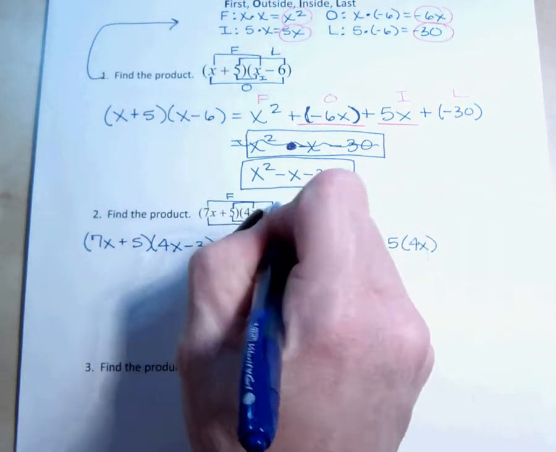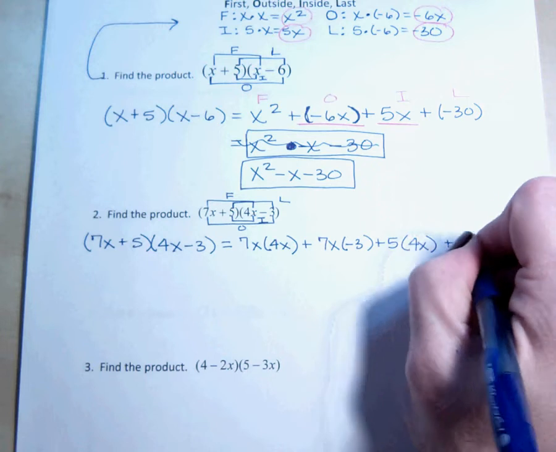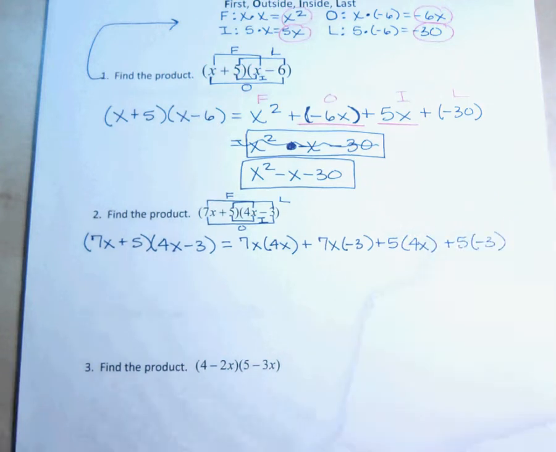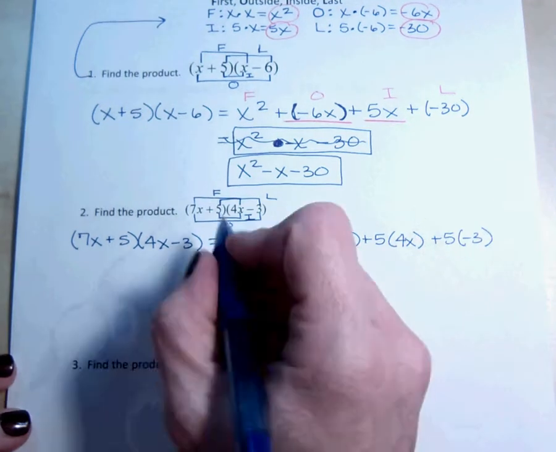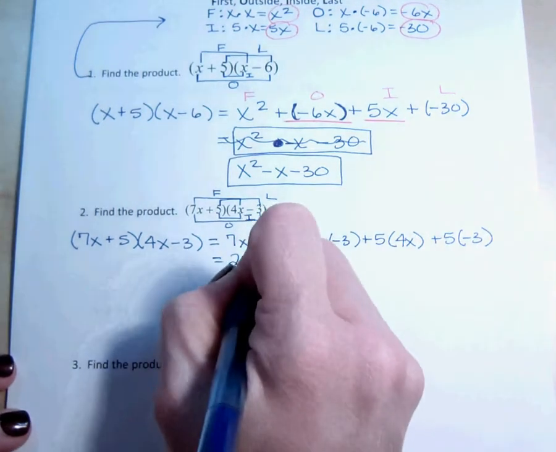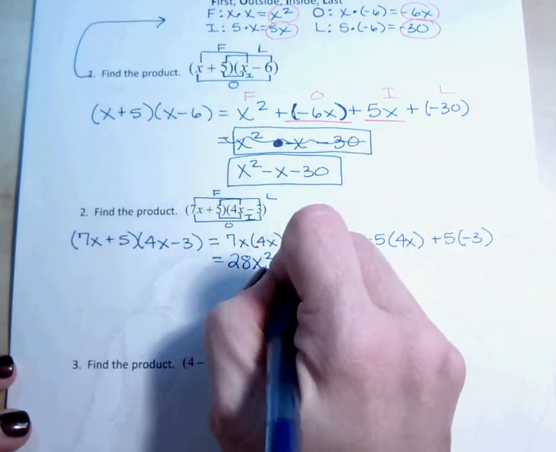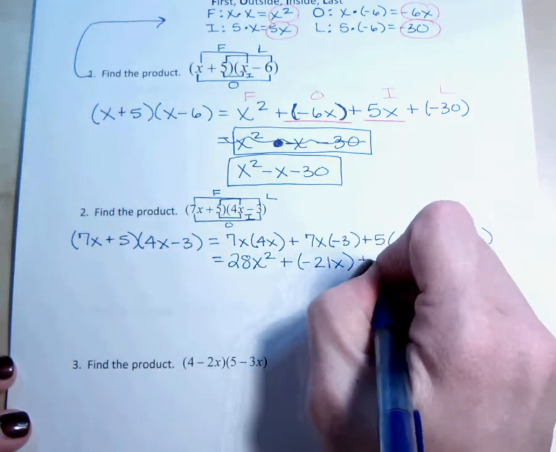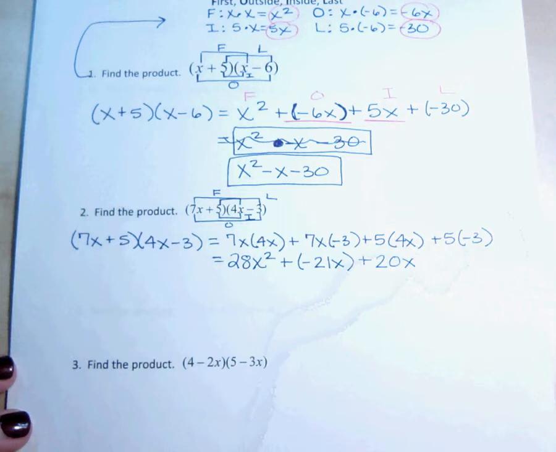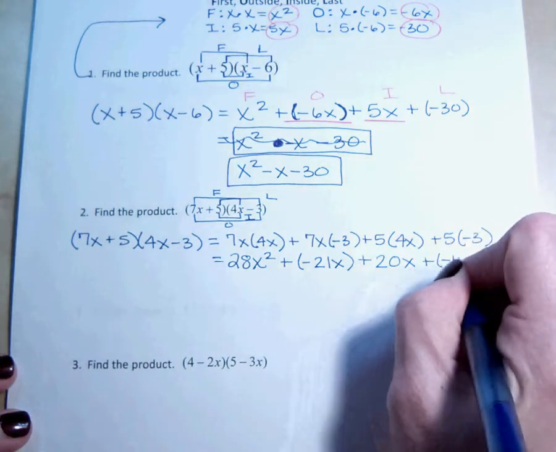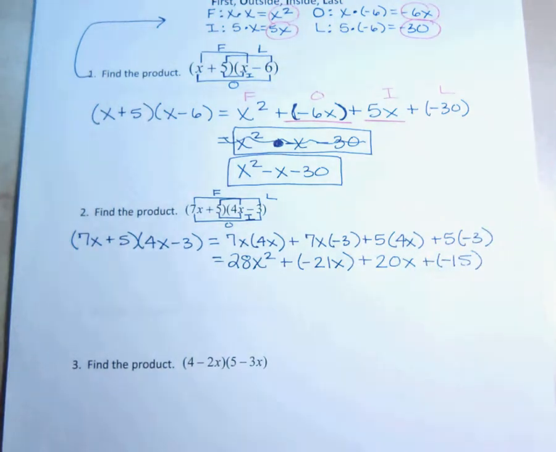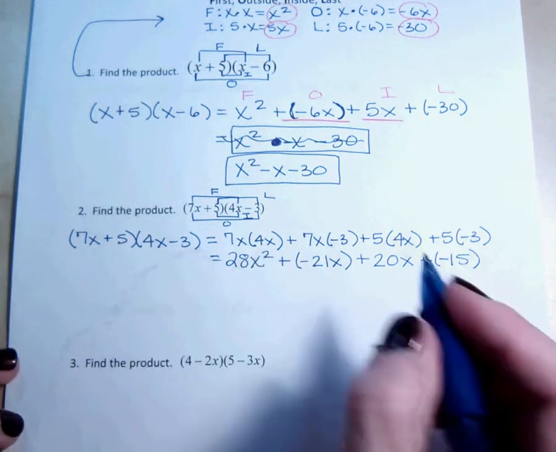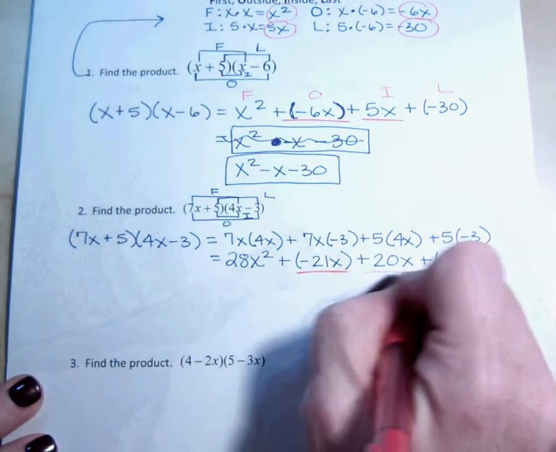And now let's do the last 2. Now combine our like terms in the middle here.